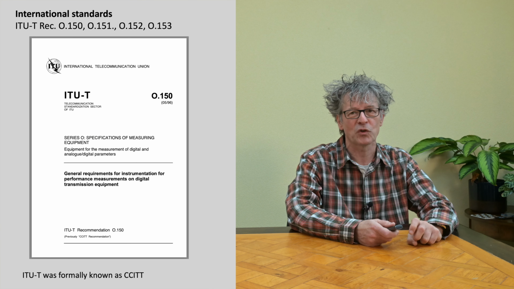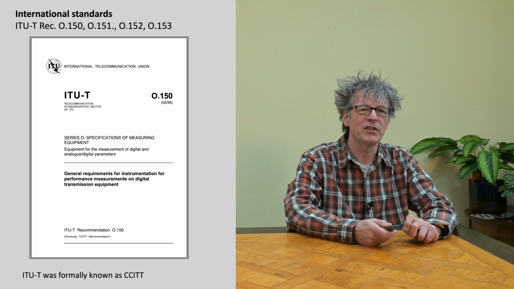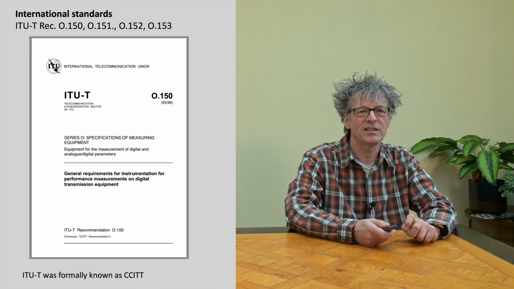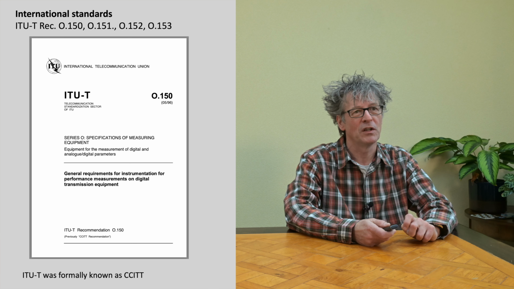The technical standards that are relevant here, which you see all the time being referred to in documentation of equipment, are those by the ITU Telecommunication Standardization Sector. The international body is actually part of the United Nations, and ITU-T in the past was known as CCITT, one of the oldest standards bodies in the world, with a history of over 100 years.